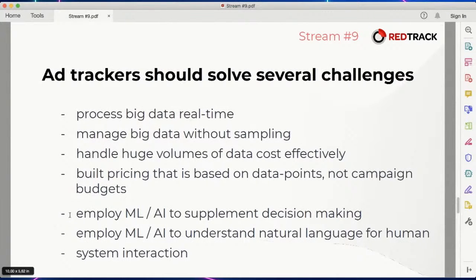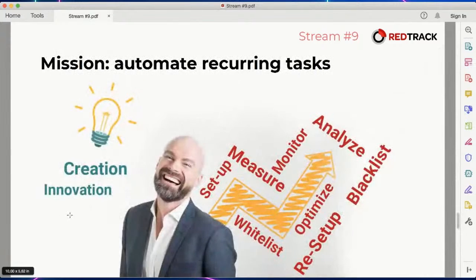These are probably the challenges that trackers are solving, but I won't go deeper unless you have questions or particular interest. So the mission of a tracker and the future of automation is what you see on your screen.